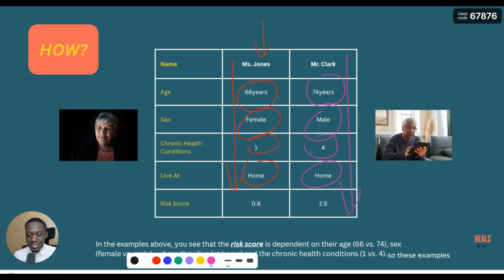In these examples, you see how the risk score is dependent on their age, their sex, their chronic conditions, and where they live. And that is what gets into a risk score. So the process of getting to the risk score is the risk adjustment.